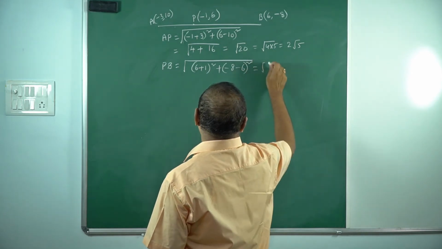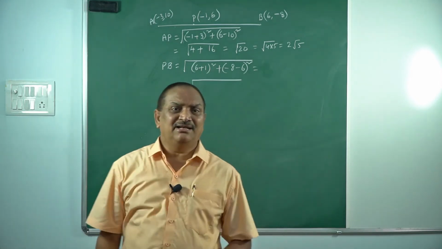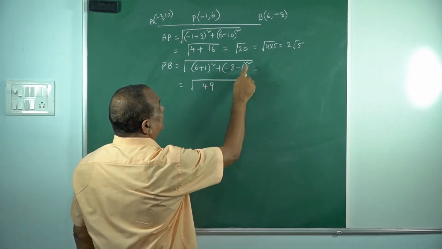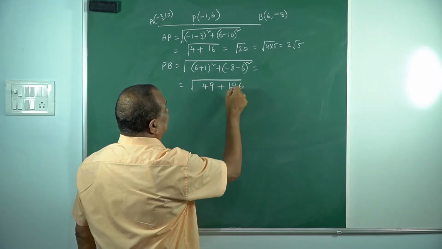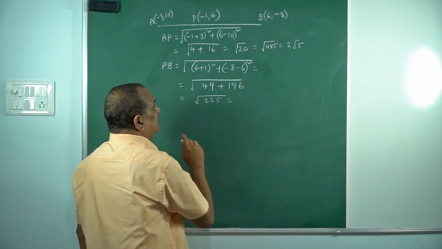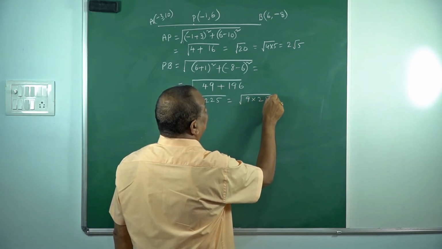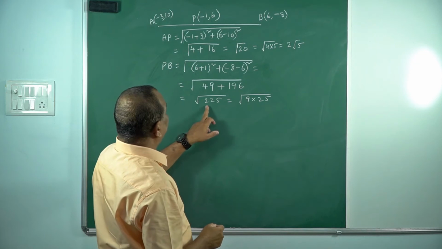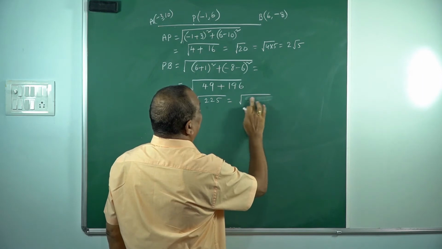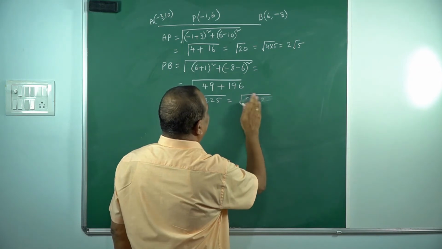That is equal to 7 squared is 49, this is 6 plus 1, 7, 7 squared is 49, and minus 14 squared is 196, and this is 225. 225 can be written as 9 25s, so I can straight away write 15.